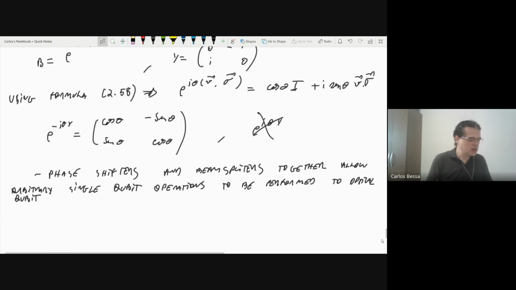As you saw in the last lecture, P, the operator related to the phase shifters, is related to a rotation in the z direction. We write it this way. And the beam splitter is related to a rotation in the y direction, with minus theta over 2.